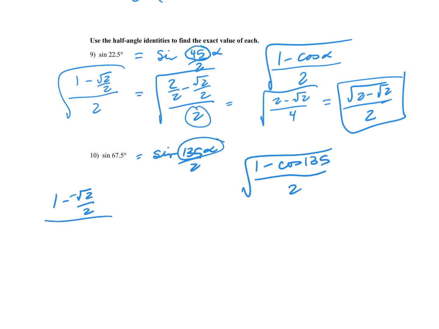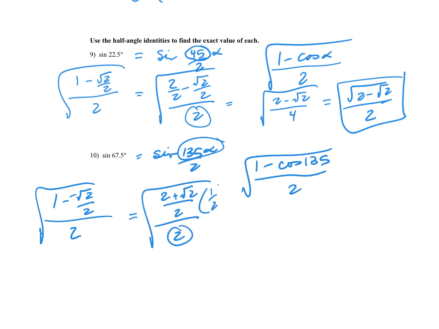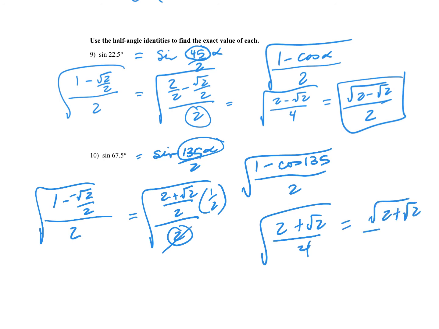So minus minus becomes a plus, all under the radical. And this turns into 2 plus root 2 over 2 over 2. And remember, this turns into a 1/2 and goes up here. And we have 2 plus root 2 over 4, all under the radical. Well, the top cannot come out, but the bottom does come out as a 2, and that is your final answer.